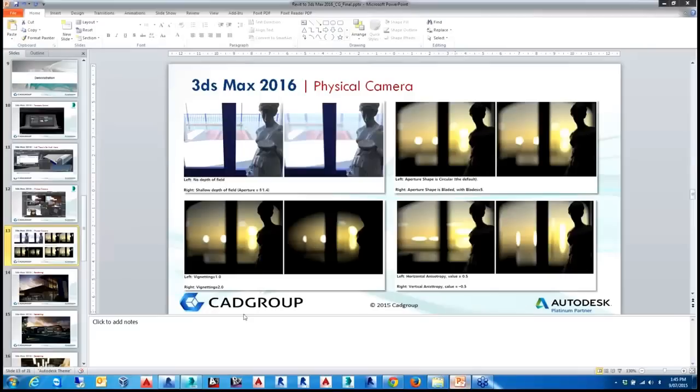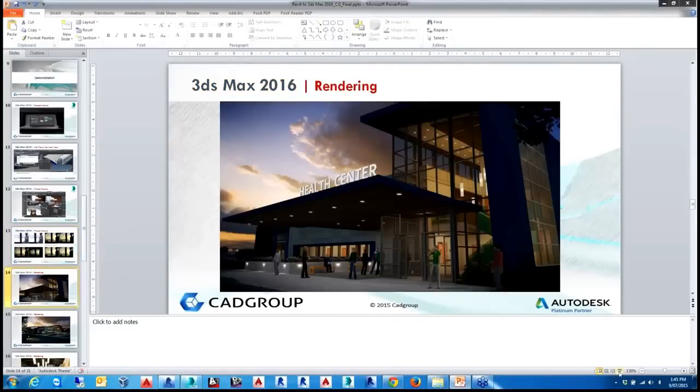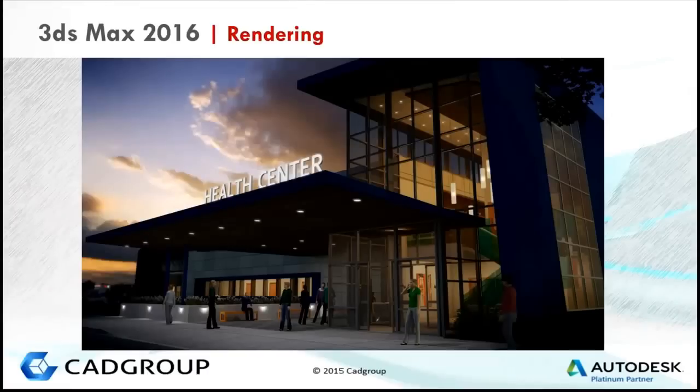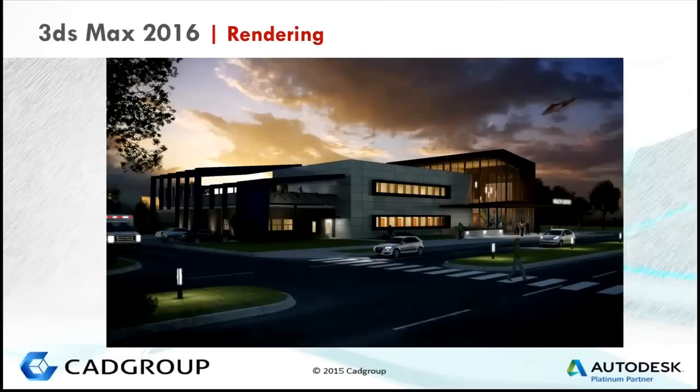I might quickly jump to the final renderings while this is being rendered. This is one of the pre-rendered scenes from an exterior. This is another scene where we have used some lighting. We can see the lighting has a glow effect.